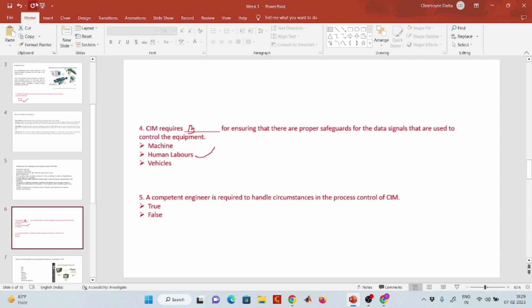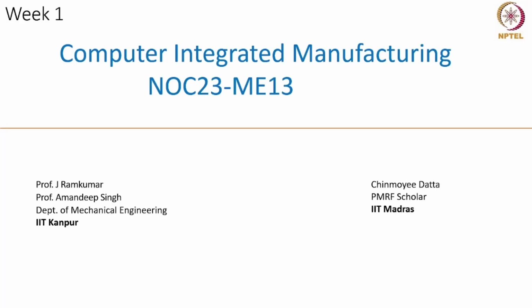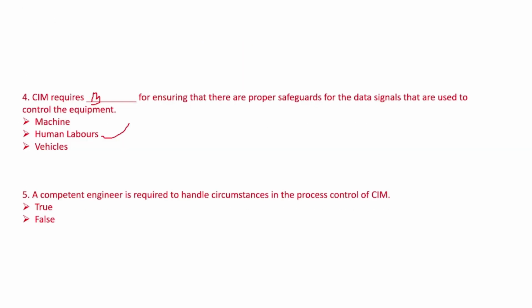Just now I told in the challenges part that we need a competent engineer to handle the circumstances for controlling the process in computer integrated manufacturing. This is one of the challenges we have seen, so the right answer is true.